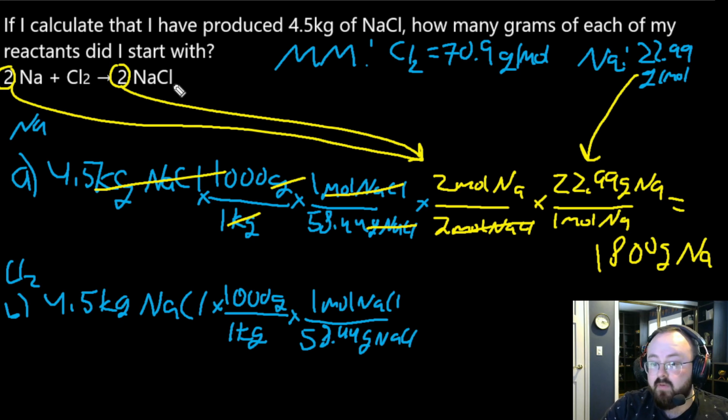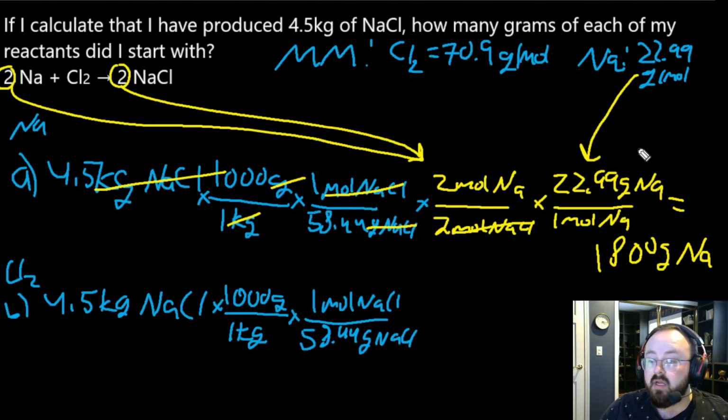Now that I have moles of Na, I have to use my molar mass, which is 22.99 grams per mole, and that gives me my final answer of 1,800. So try to finish off part B for me. Try to use the same steps so that you're getting into the rhythm of going through these steps and using the tools, setting it up, using the correct coefficients, the correct grams, the correct molar masses, right?